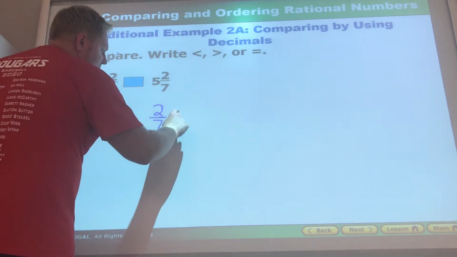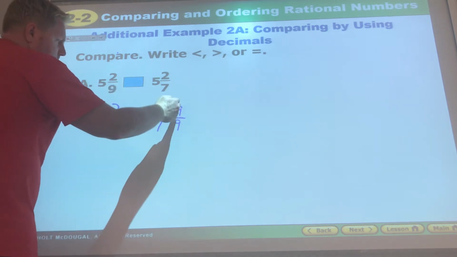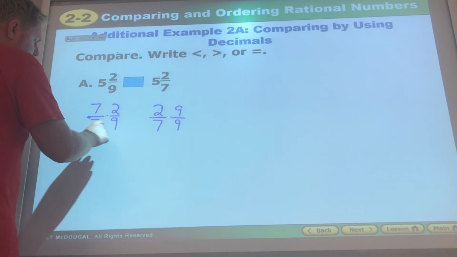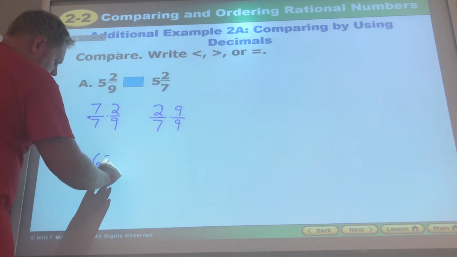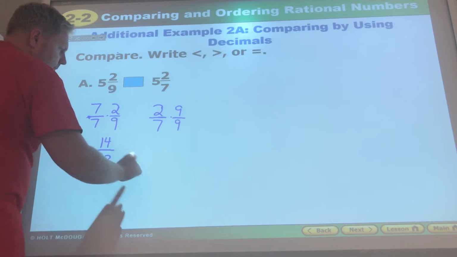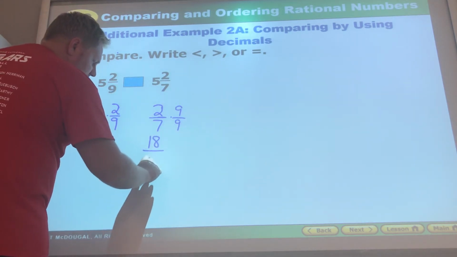I can take times 9 over 9. Remember, I'm just using the denominator. Just using this denominator over here. And we'll get the same one. So that would make 63. That would make 14. This would make 18. That would make 63.